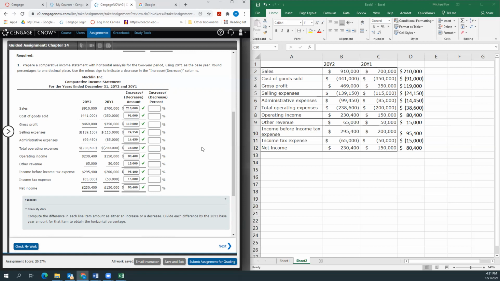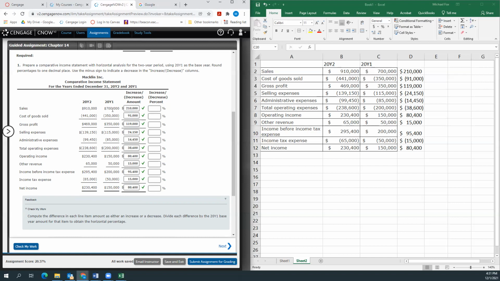And then the second thing we have to do is the percent of the increase or decrease. We're going to take this amount of the change and divide it by the older year. So 210,000 divided by 700,000 will tell us what the percentage change is, because the older year is the base year.